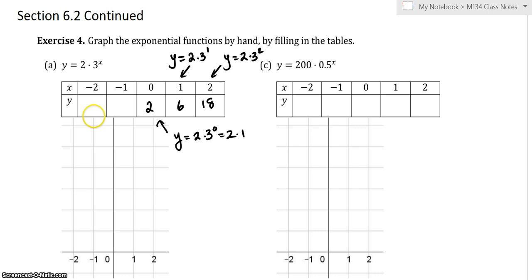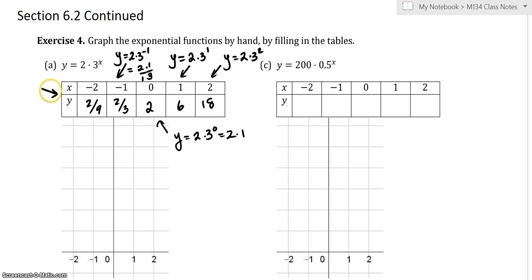The negatives are a little tougher. Times 2 to the negative x, that would be 2/3, and this would be 2/9. How do I get that? Y equals 2 times 3 to the negative 1, and if you remember what 3 to the negative 1 is, it means 1/3. So 2 times 1/3 is 2/3.